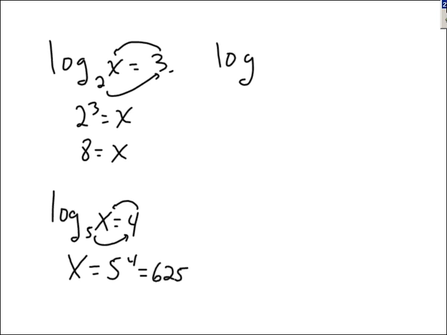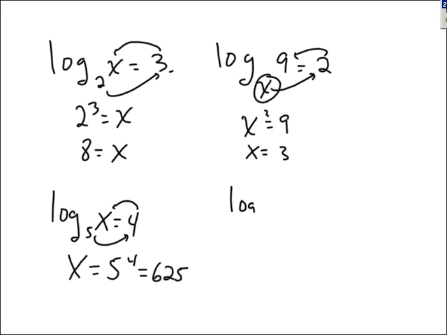If I told you log base x of 9 is equal to 2, well, this says x squared equals 9 and x is positive. x squared equals 9, so x is 3. What goes here has to be positive. If I told you log base x of 10 is equal to 7, well, we know x to the 7th is 10.